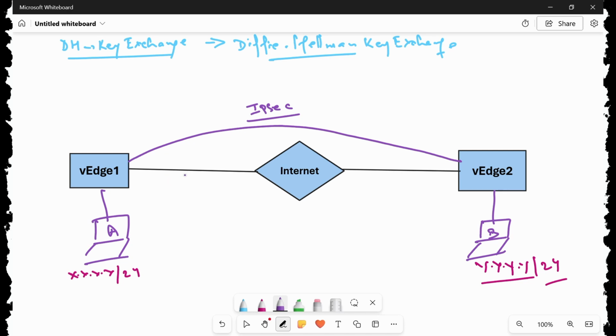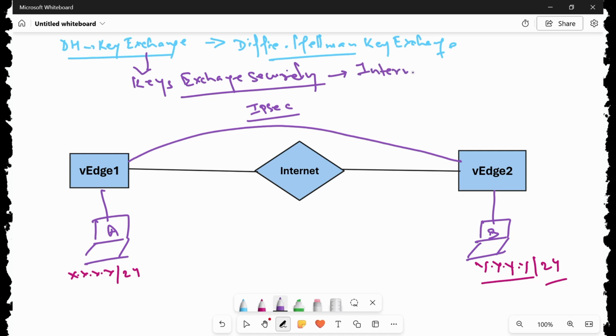Okay, so how exactly will things work here? This Diffie-Hellman key exchange will securely exchange the keys over the internet, which is an insecure network.